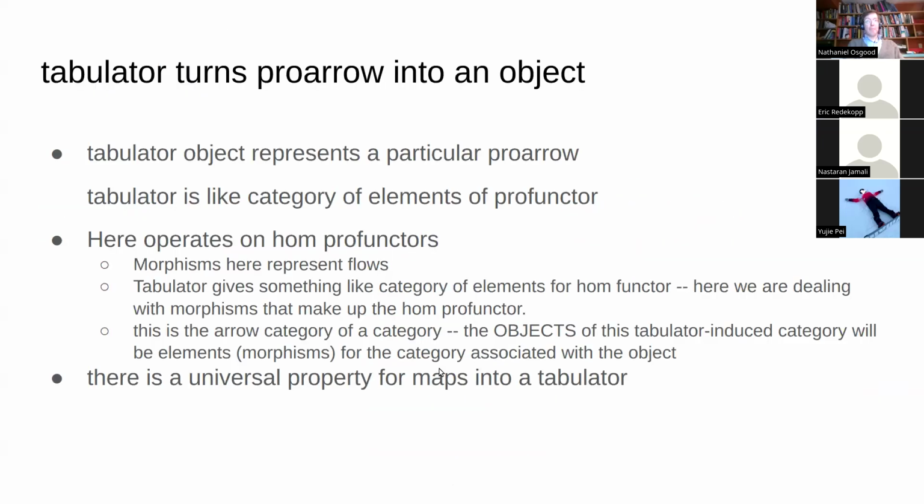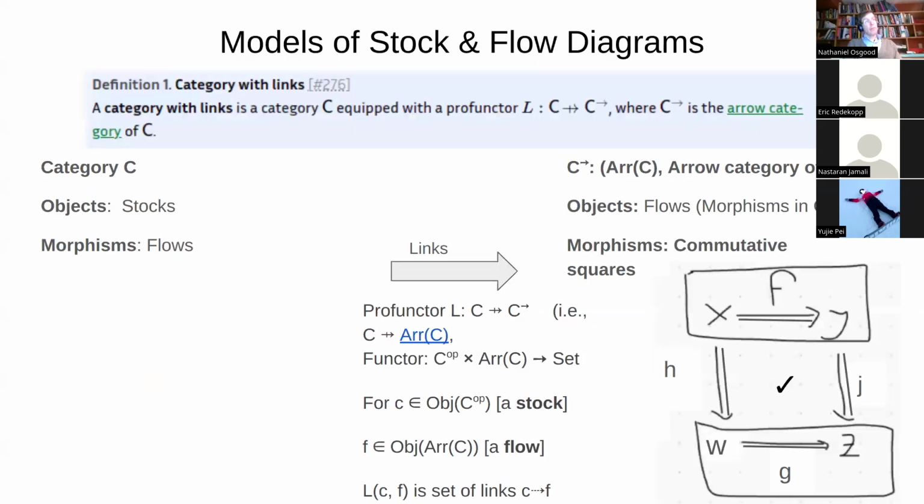In this arrow category, the objects of this tabulator-induced category, to which this profunctor is mapping, will represent particular morphisms, which are going to be vertical, strict morphisms, representing the flows.